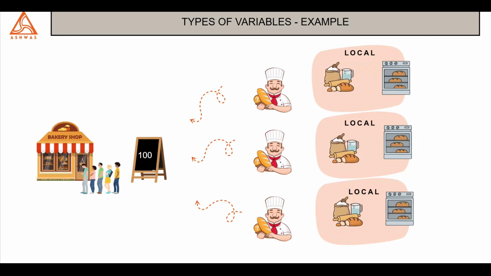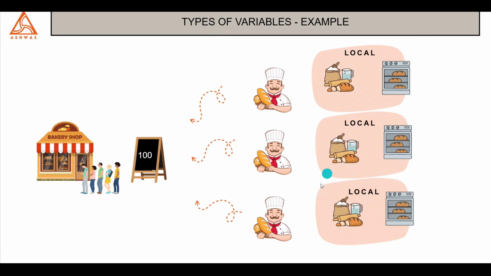So each time the baker comes to the table every morning, the baker needs a fresh stock of raw materials. And whatever raw materials he uses for that day, those raw materials get over during the act of baking. So this is how local variables are. They're very centric to the function in which they are born, they are used, and they are destroyed.